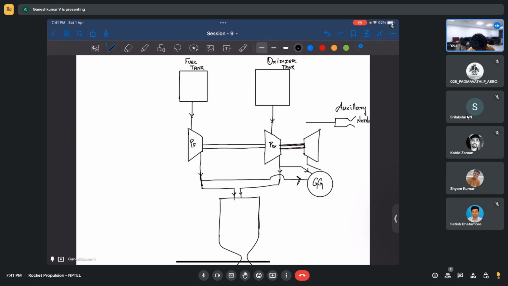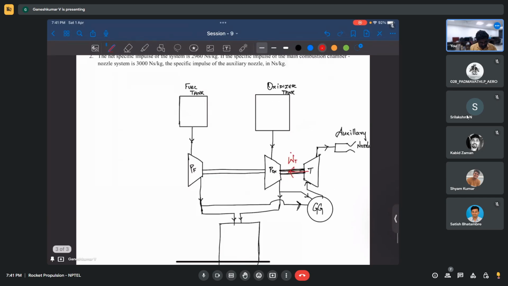So it should be here somewhere, and then it should be taken from there. Whatever work is produced by the turbine should be equivalent to the pump work required.